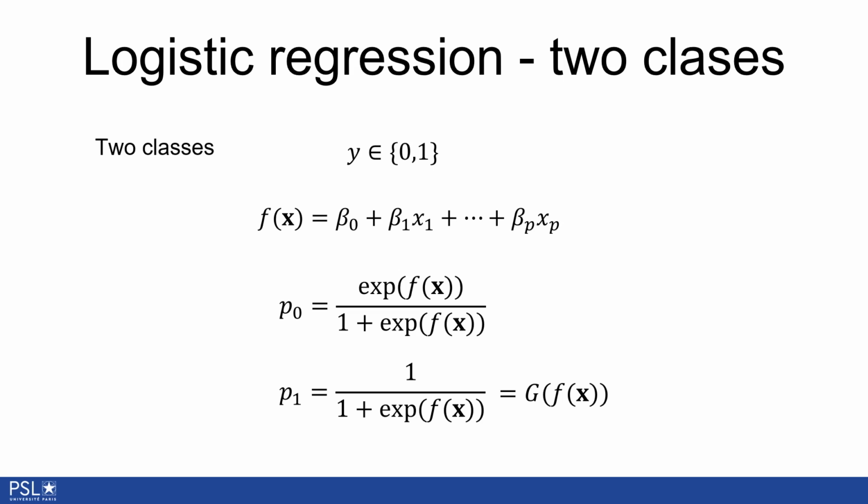Clearly, p0 and p1 sum to 1, so we can compute only p1 and check whether it's larger or smaller than 1/2. So in logistic regression with two classes, usually only p1 is computed, and it can be written as g of f of x, where g is called the logistic function.